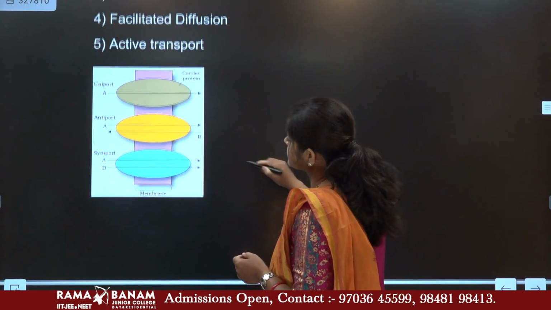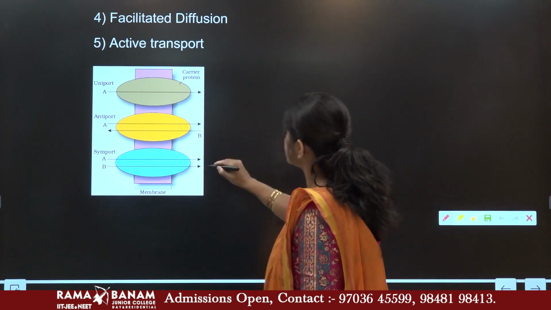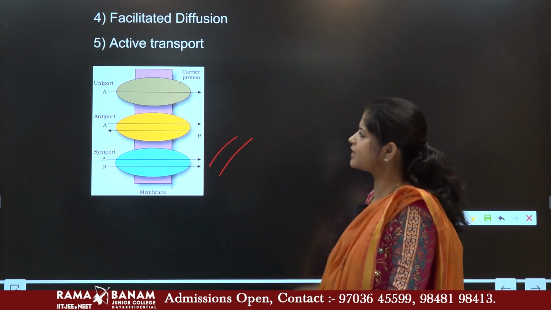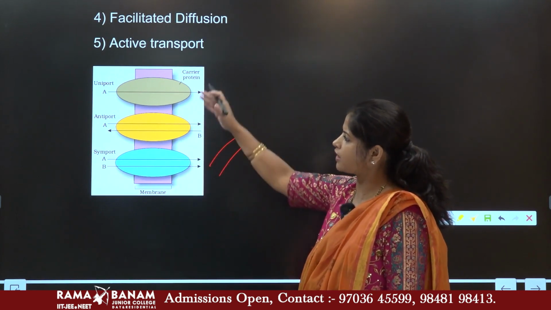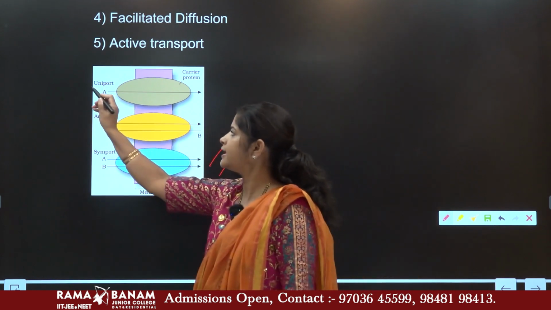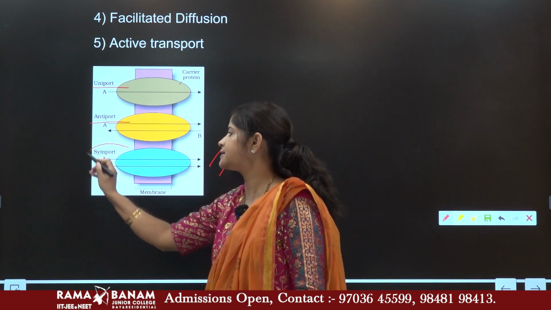Here, this diagram is also related to facilitated diffusion. It represents the three types of facilitated diffusion. First, you can see, student, is uniport, second is antiport, and third is symport.